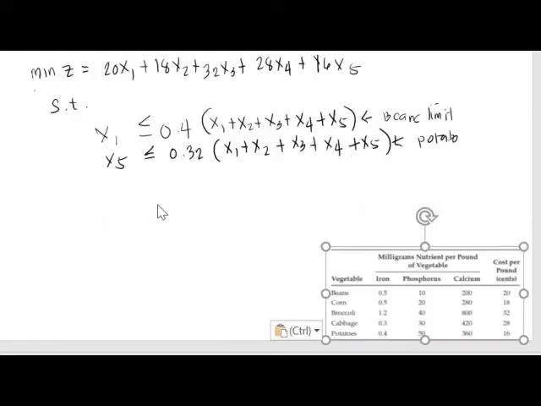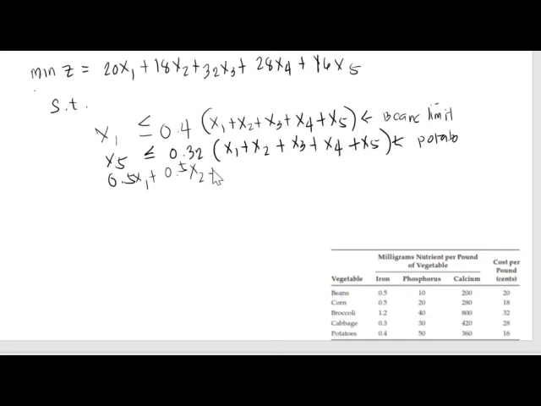Therefore, kailangan ko ng 0.5 x1 plus 0.5 x2 sa corn plus 1.2 x3 plus 0.3 x4 plus 0.4 x5.